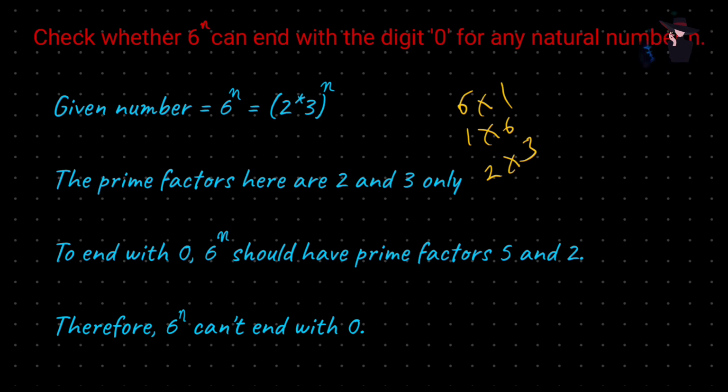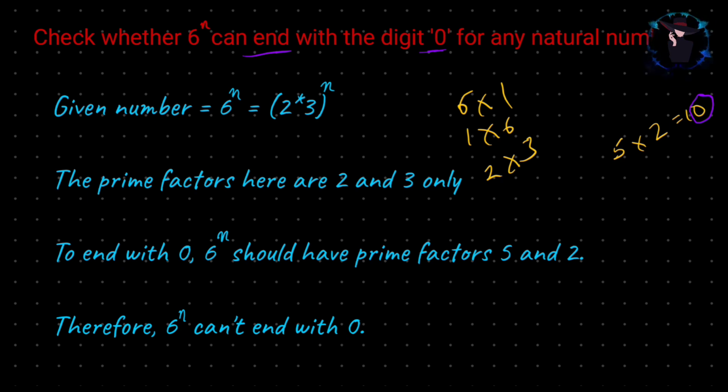So to end with 0, we need 5 and 2. Why do we need 5 and 2? Because 5 into 2 equals 10, right? So the 0 is at the end. That is what he's asking. What does he need? 0 at the end. So at least it should be 10.